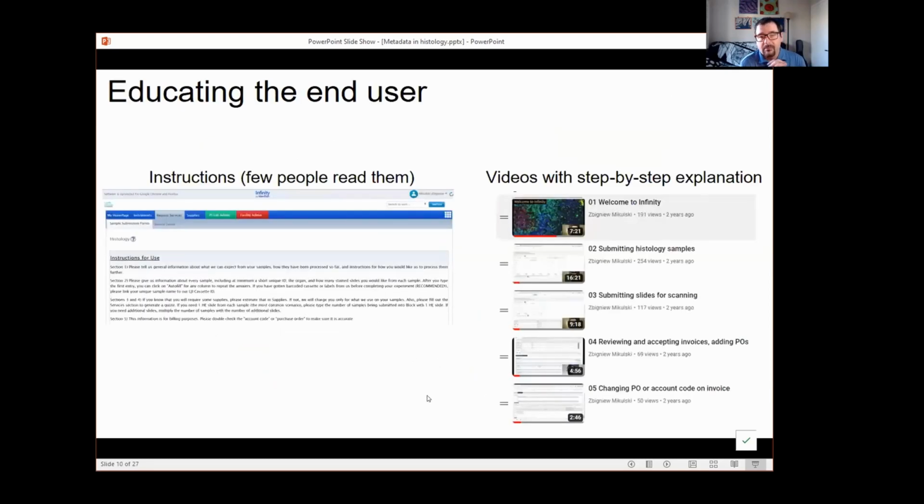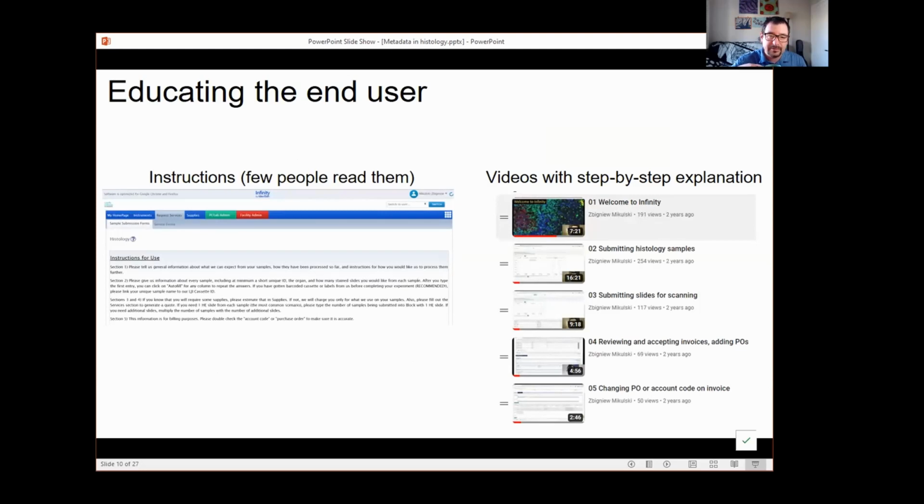The way it's implemented for the end user is that we use our core management software that's called Infinity. What I wanted to highlight on this slide is that you really need to work with the user and educate them how to use that system. Unfortunately, these things get complicated. You need to ask a lot of questions, and you will see them in a moment, in order to gather all of the necessary information.